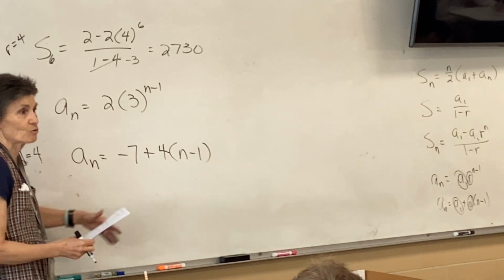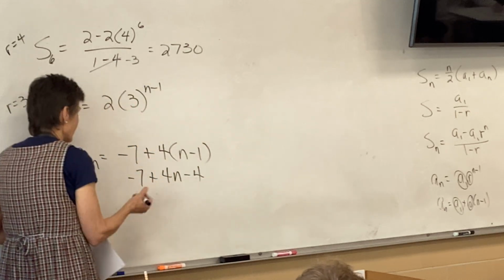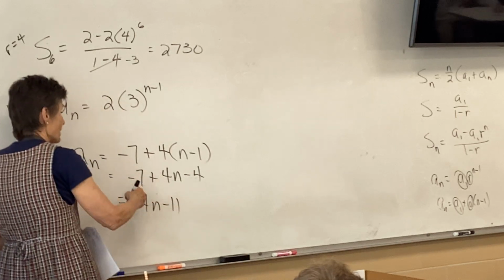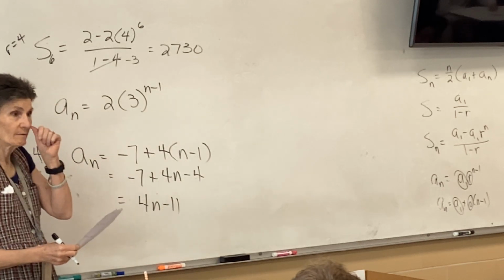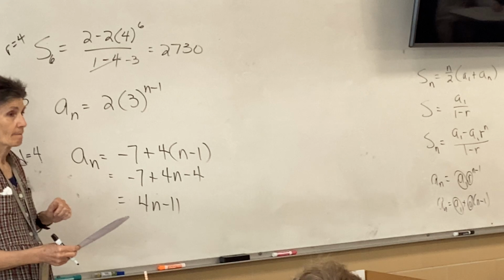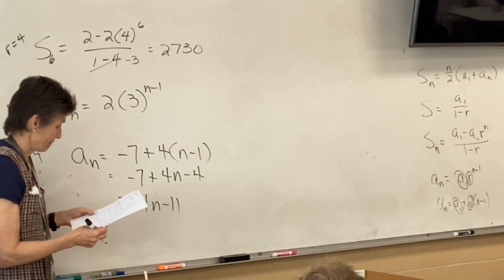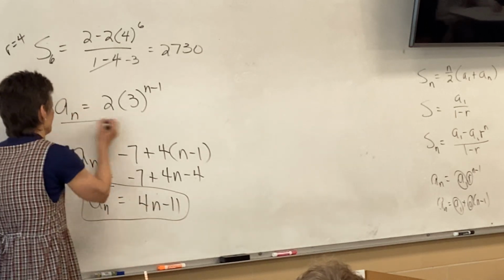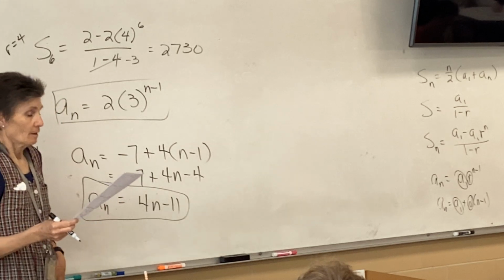Because I can do distributive property. And I can collect like terms. So either -11 plus 4n, or 4n minus 11. Another connection. Okay, so there's my formula. Are we okay?